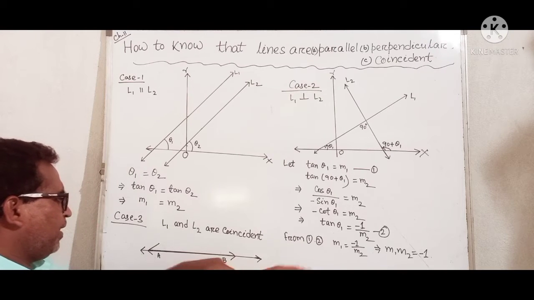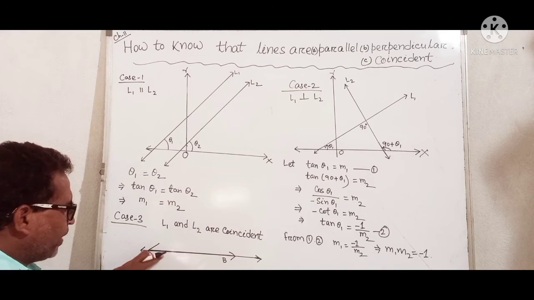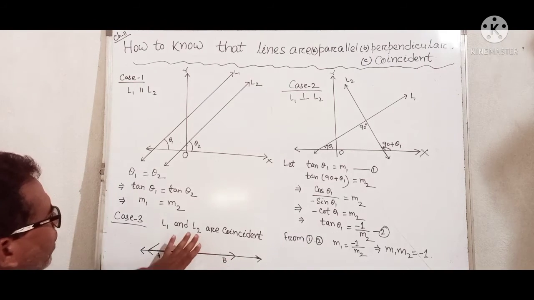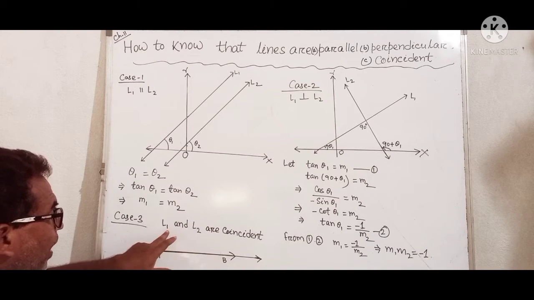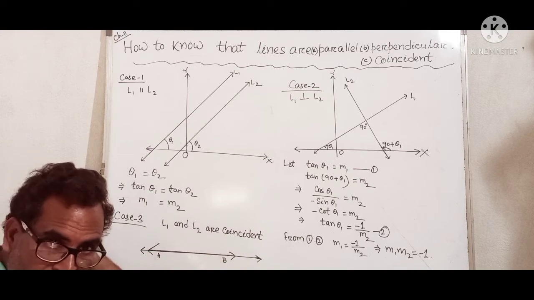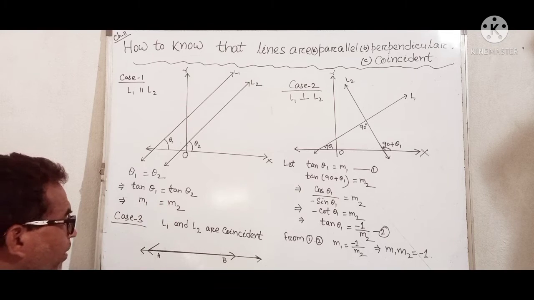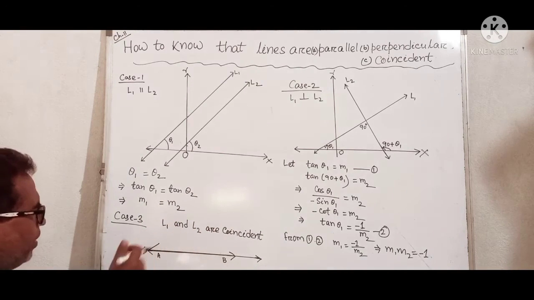Let's say two lines L1, L2, and I have taken 2 points A, B. So under what conditions can we say L1 and L2 are coincident? Very simple.